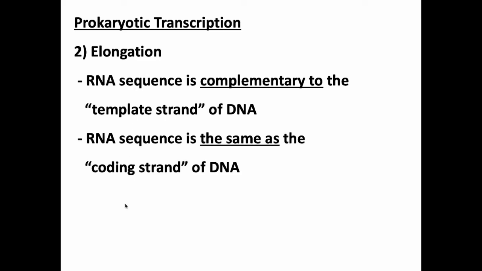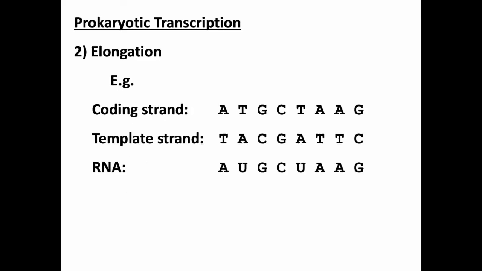Now, these two statements might be a little confusing, so I want to give an example. Do not memorize these exact sequences. They're just examples. Let's say we have a coding strand up here, and this is the sequence. A, T, G, C, T, A, G. Whatever, I just made it up.